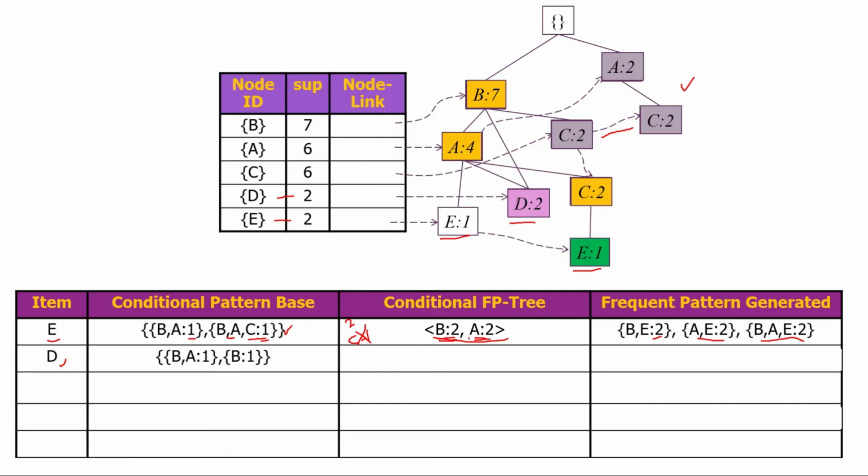If we look up from the D node to the root node, we have B and A, and its count is 1 for this path, and 1 for this path.